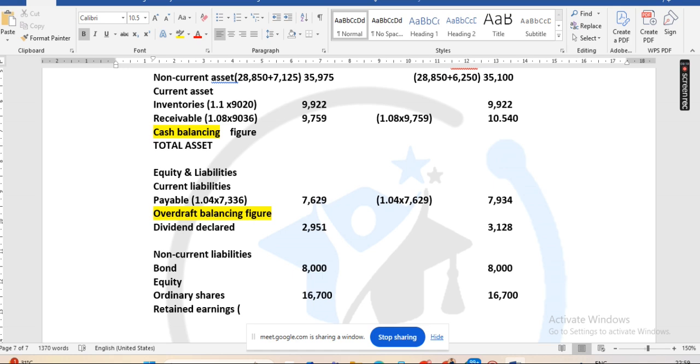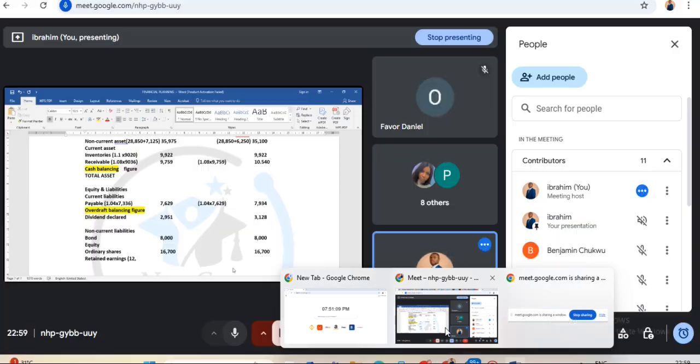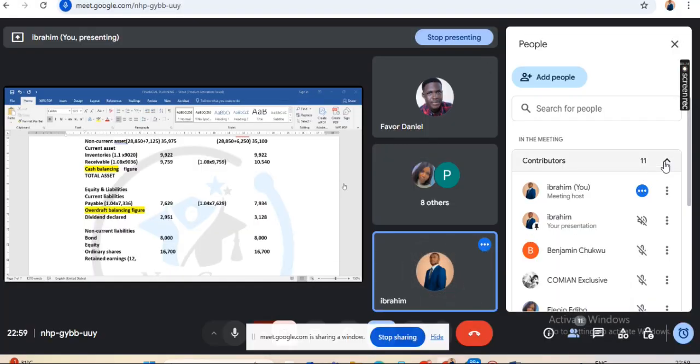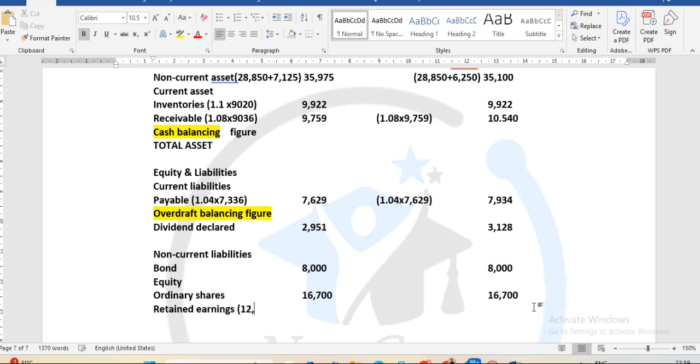So what is the figure brought forward to 2022? 12,482. Plus the one of 2022.